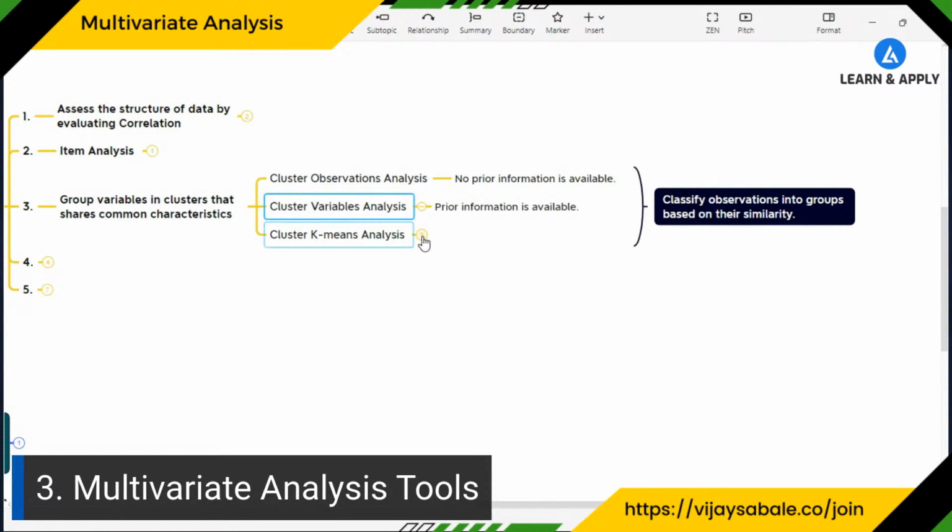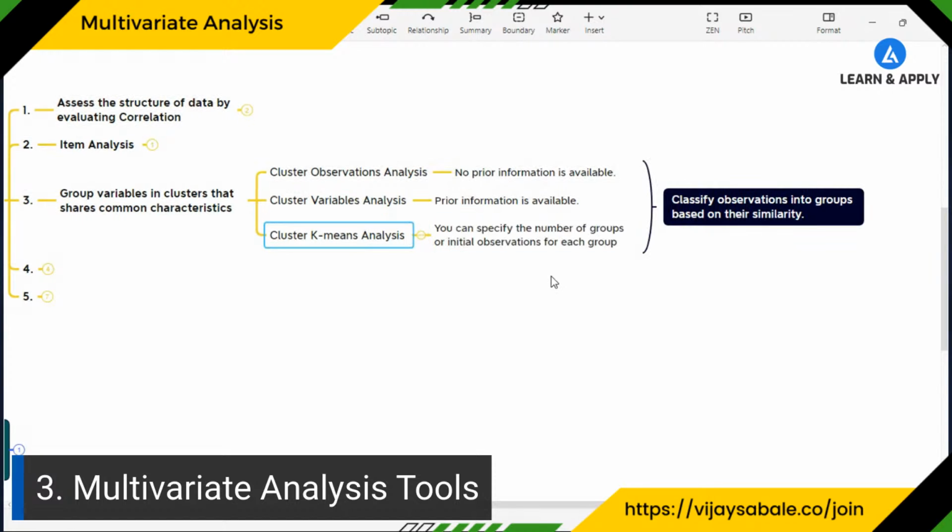In the third case, we use it when we are going to define how many groups we are going to form. You can specify the number of groups or initial observations for each group. Then in that case, we can use cluster k-means analysis. This is the third group.